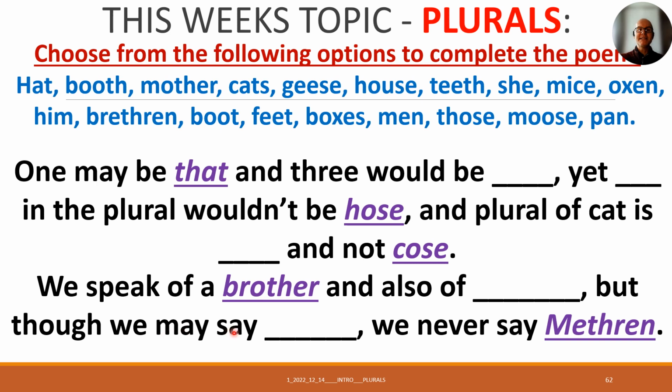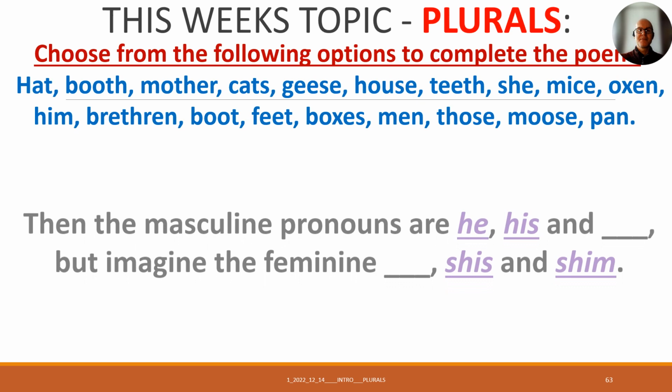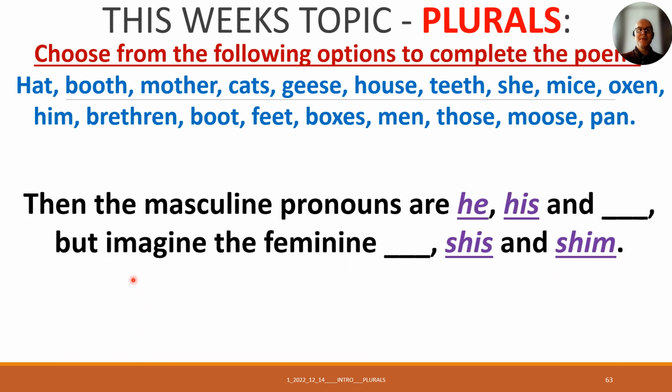But though we may say blank, we never say methrin. Then to end the poem, the masculine pronouns are he, his and blank, but imagine the feminine blank, sheesh and shim.